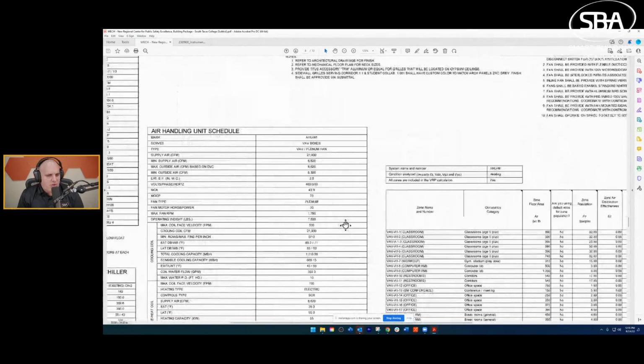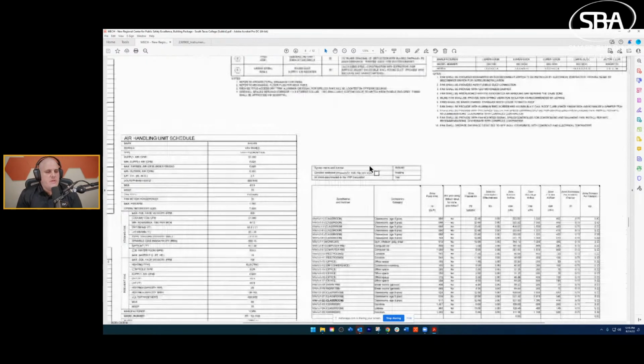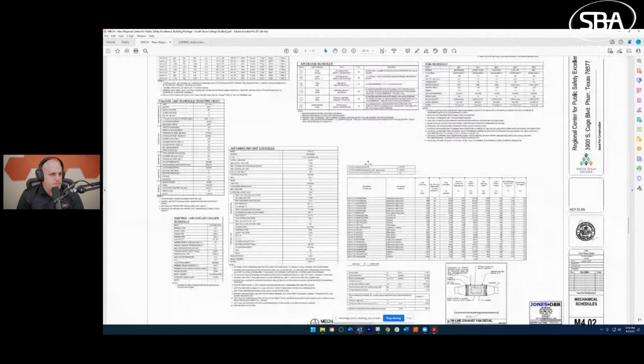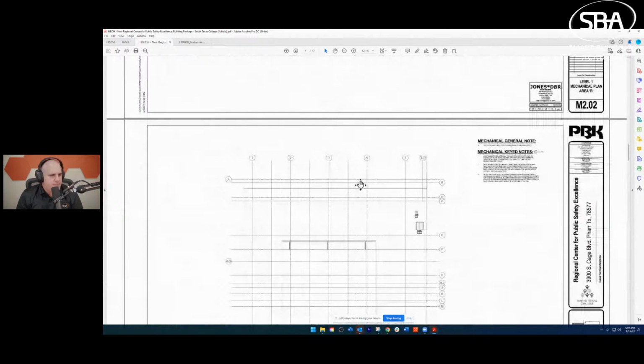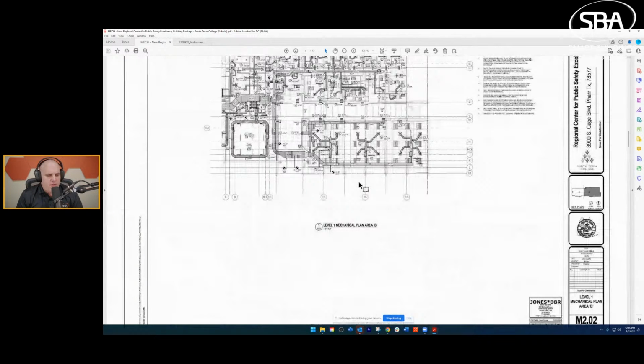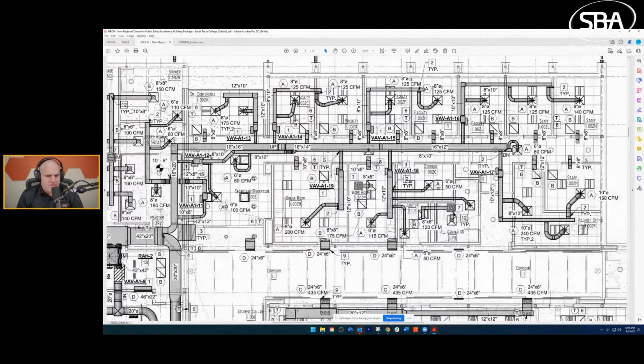Once I've made notes of this and I've built out a list of materials and a list of systems, then I go to my floor plan and I start to figure out, okay, how is this going to lay out? All right, so I've got my VAV boxes, kind of figure out how I'm going to lay them out.